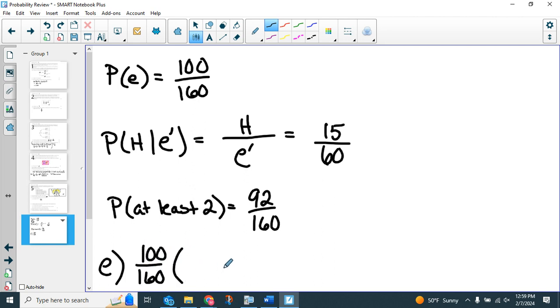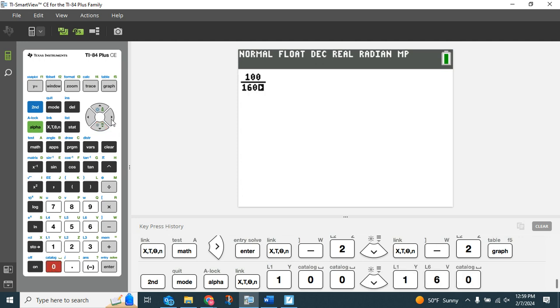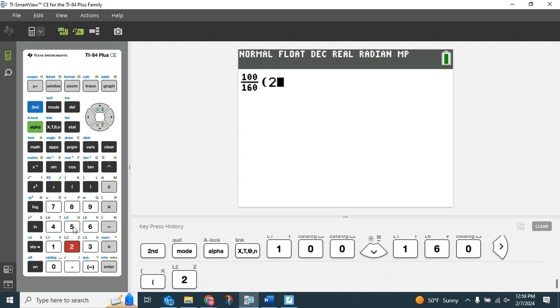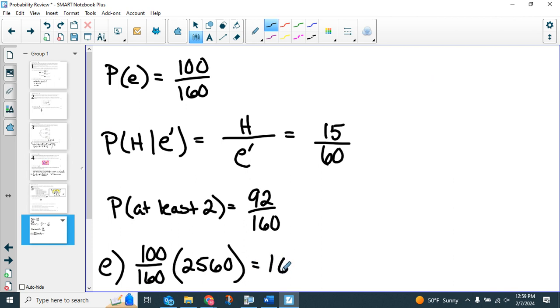So all we have to do is multiply that by the total number of students in the chemistry department, 2560. I do not know what that is off the top of my head, so we will just say 100 over 160 times 2560, and we get 1,600. And voila, we are done.